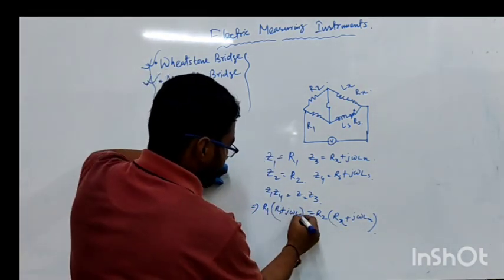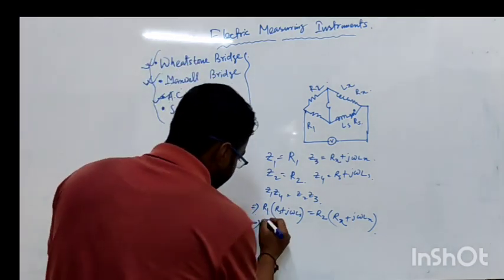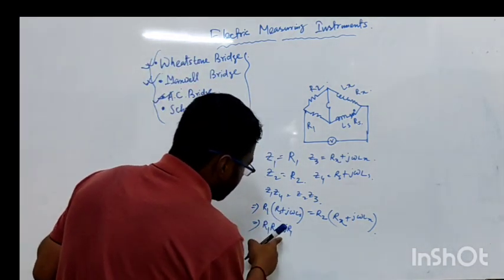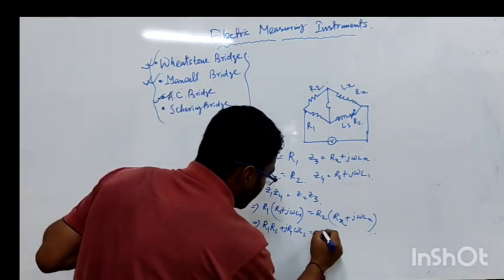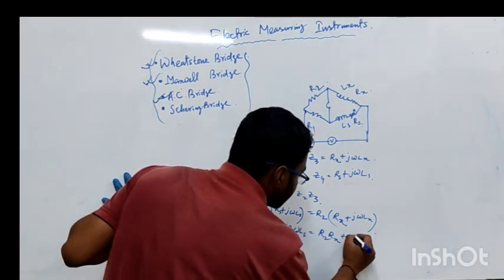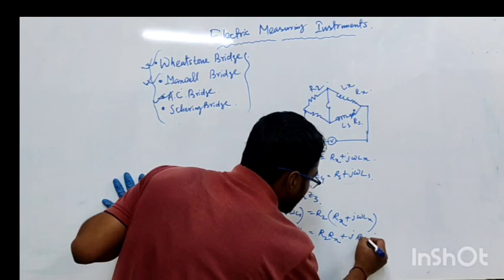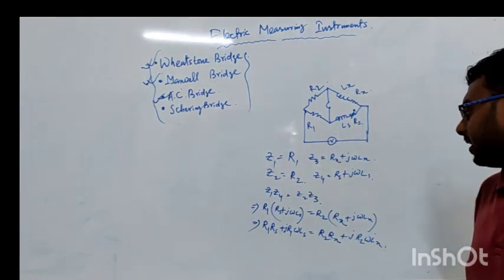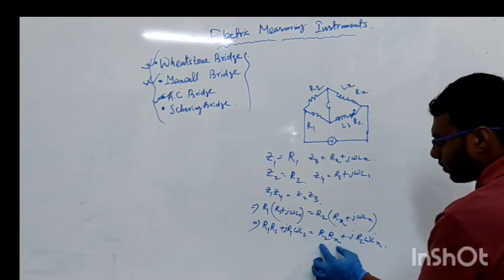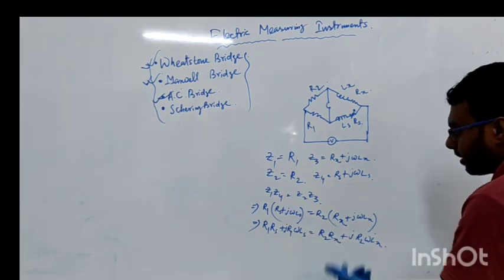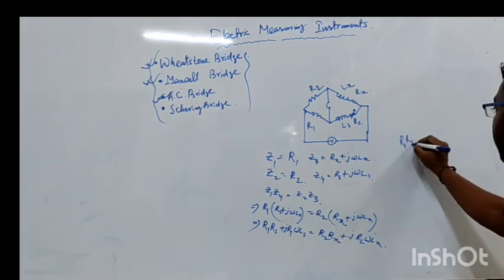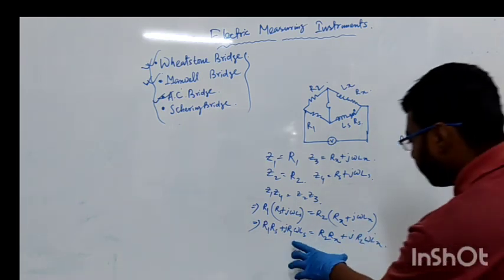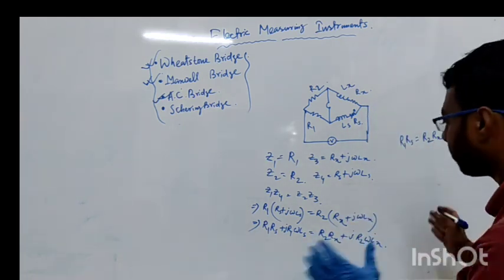So if we balance this equation, R1 Rs plus j R1 omega Ls equal to R2 Rx plus j R2 omega Lx. To balance the condition, we can simply equate the real part of LHS and the real part of RHS. That will be R1 Rs equal to R2 Rx, and similarly we balance the imaginary part of this complex equation.